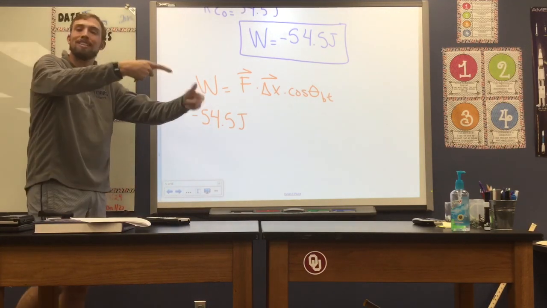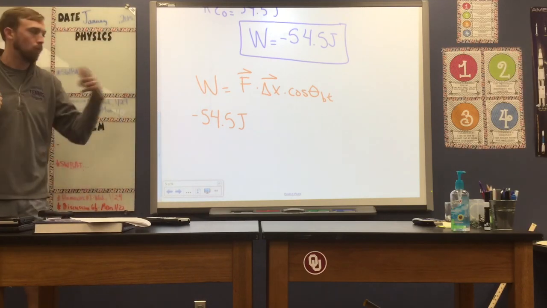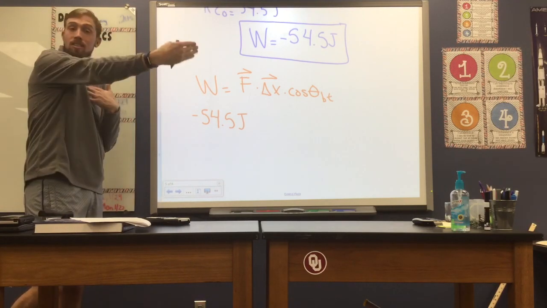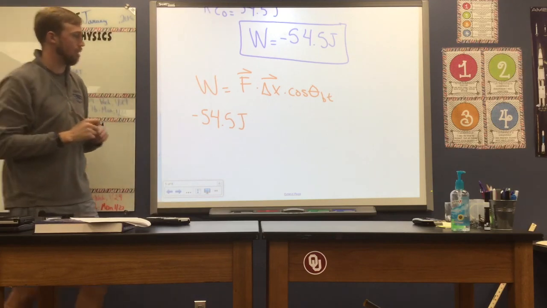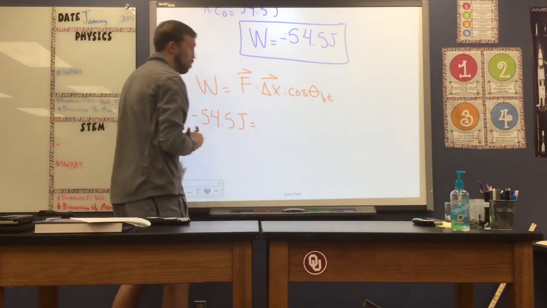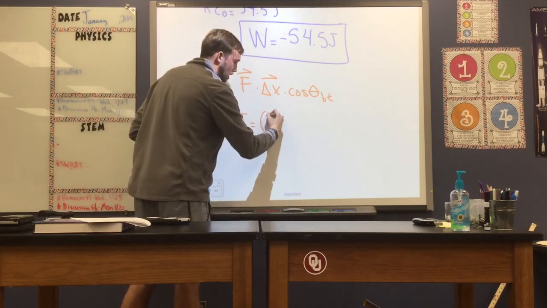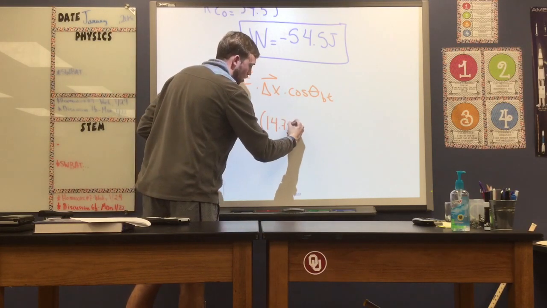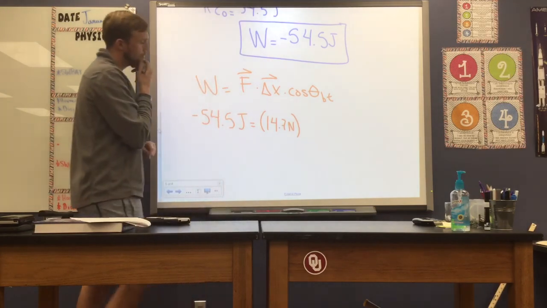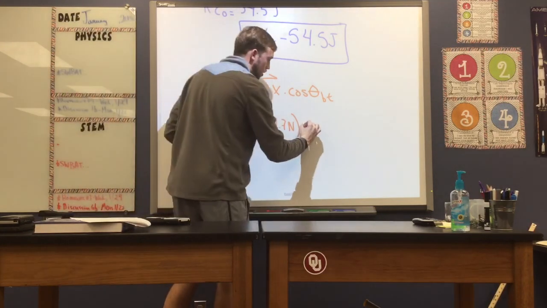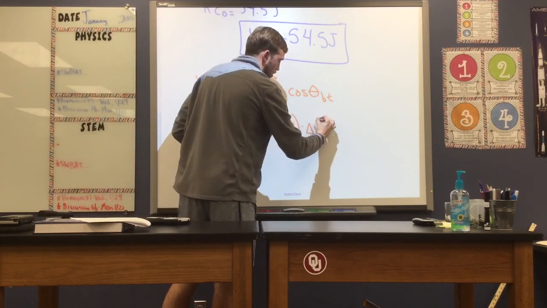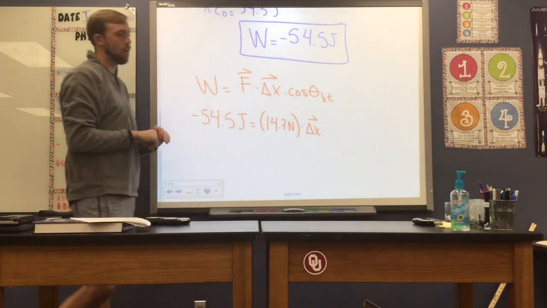And that's because friction is taking away its kinetic energy. Work is a transfer that can be positive, adding in, or negative, taking out. And this is equal to our force, F, which we just solved for, which was 14.7 newtons. Okay, we don't know delta x here. And then cosine of the angle.